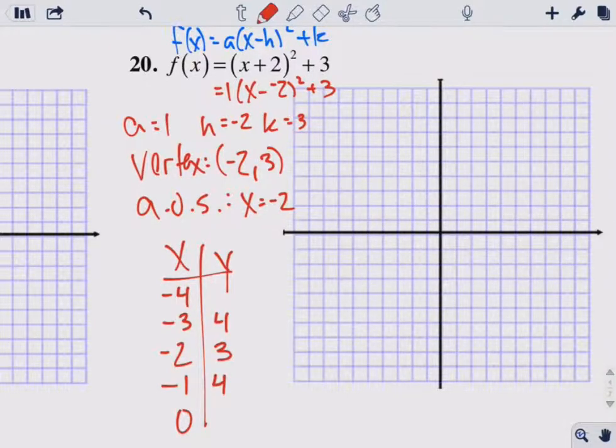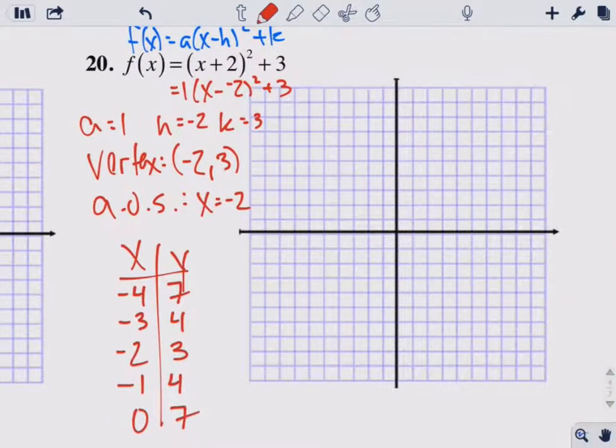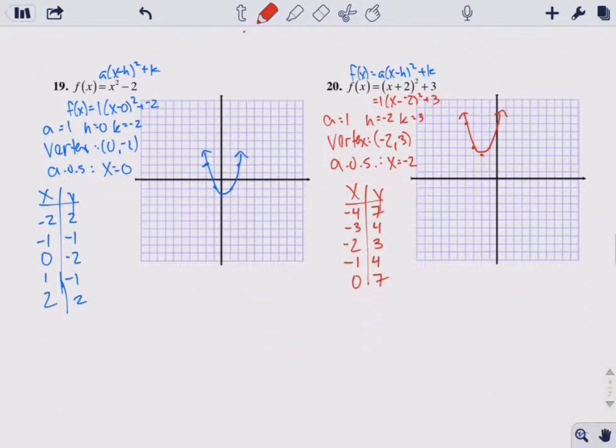If a is 1, 4a is 4, add that to 3, and 3 plus 4 is 7. Now plot these points. Negative 4, 7 is there. Negative 3, 4 is there. Negative 2, 3 here and here. And close enough to the parabola.